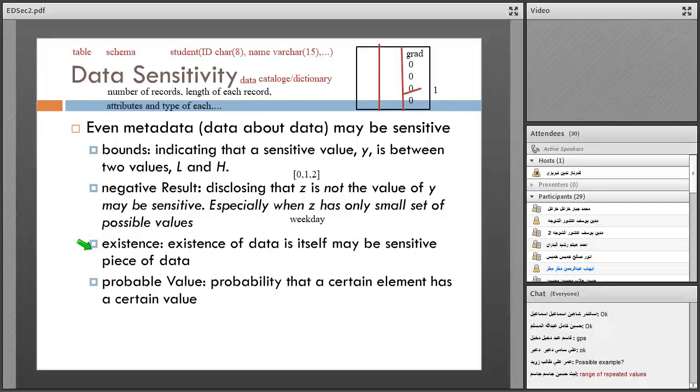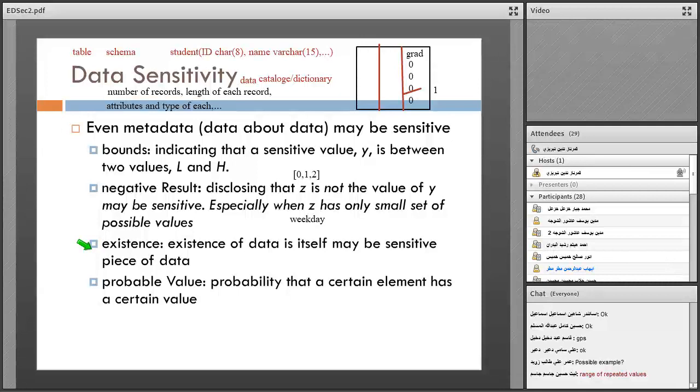Then the first step is that I check the existence of such information before I try to hack it, before I try to copy the information somewhere. I must be sure that there is such information. It means existence.